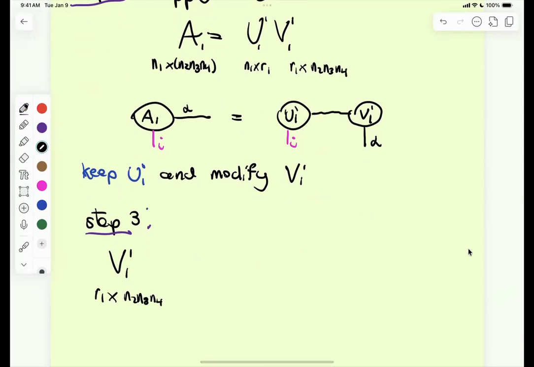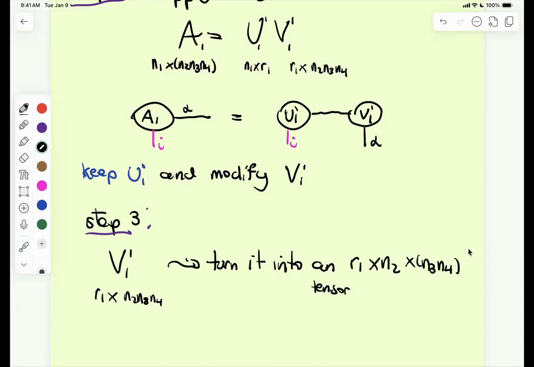I will tensorize it, and think of this as a tensor, R1 times N2 times N3 times N4. That isolates it so we can come back.